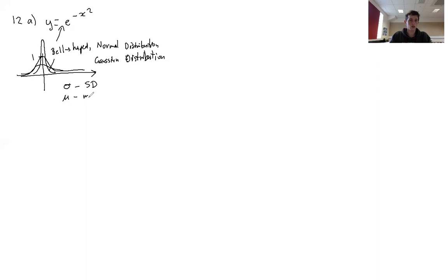So I just call that mean, and the exact equation for this distribution is going to be 1 over sigma times square root 2 pi, e to the -1/2, and then we have x minus mu over sigma, squared. Now this x minus mu over sigma is actually your z value, not zeta, z.